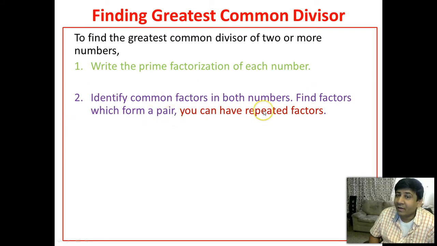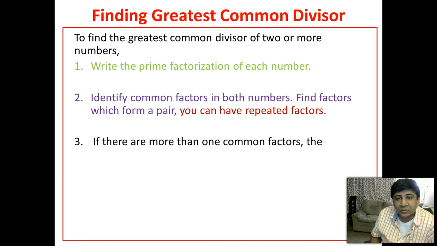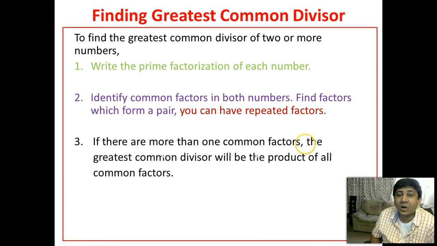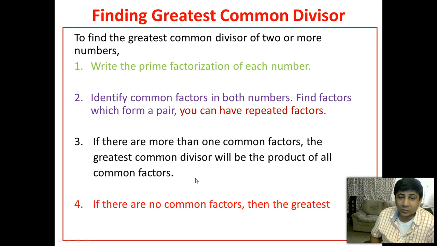You can have repeated pairs. I will explain it with the example here. If there is more than one common factor, then our greatest common divisor will be the product of all common factors. If there are no common factors, then the greatest common divisor will be just one.